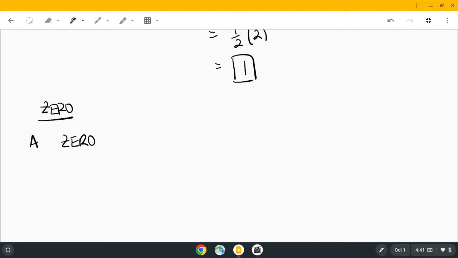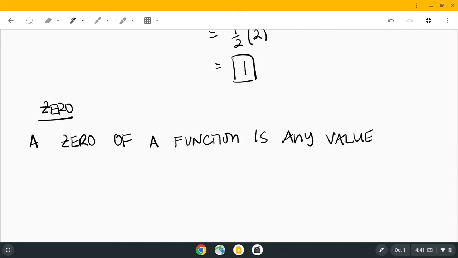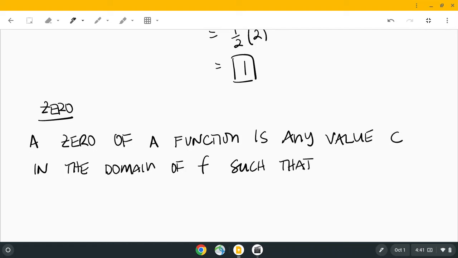A zero of a function, like when you were graphing polynomials and had to find all the real zeros, is any value c in the domain of f such that f of c equals 0.